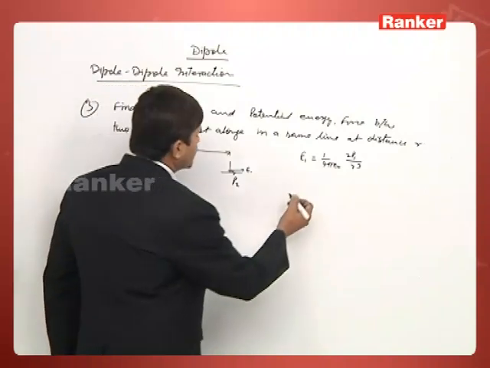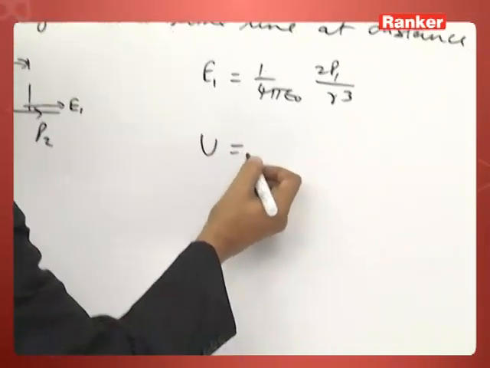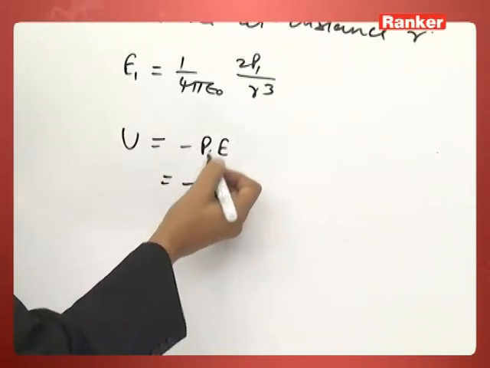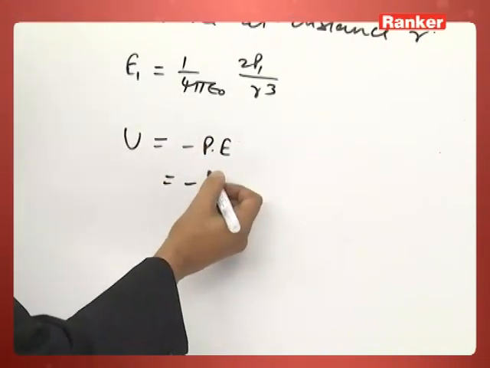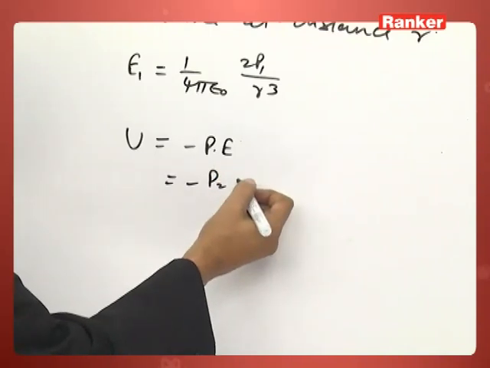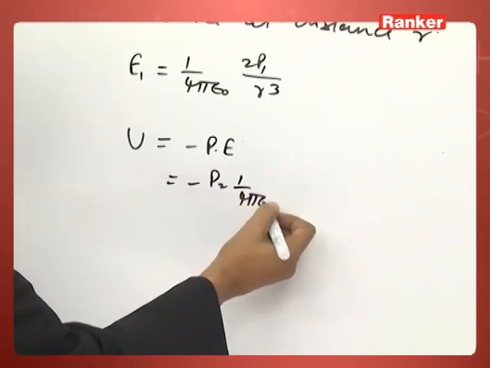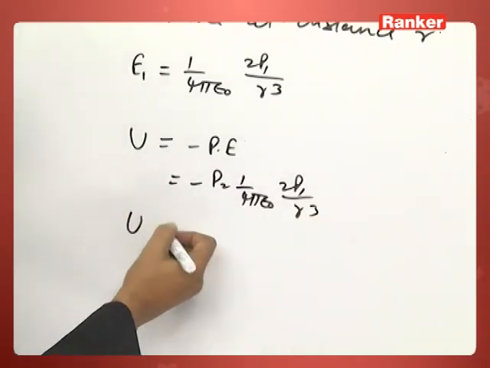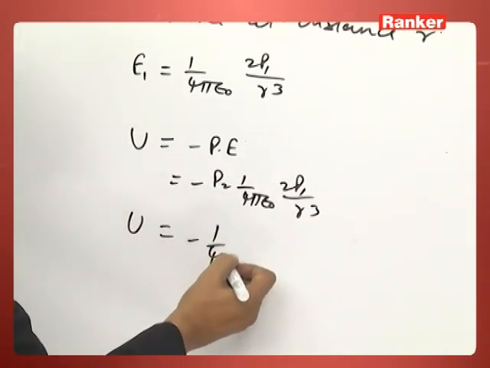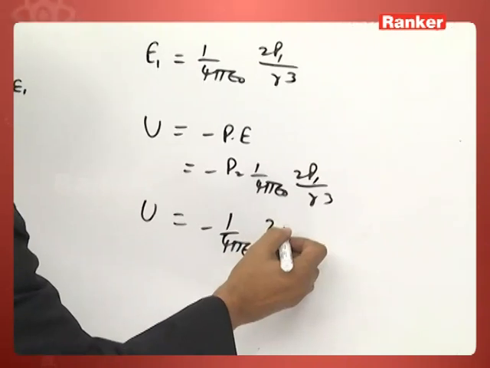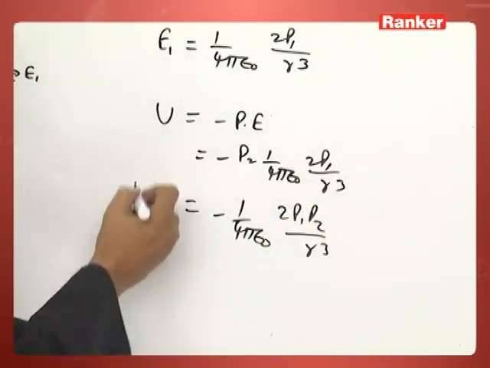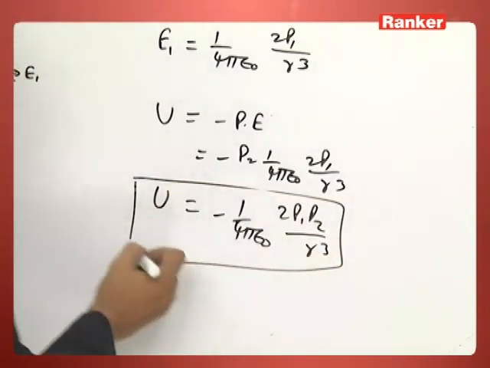So potential energy is written as minus P dot E. That becomes minus P2 times 1 by 4 pi epsilon naught 2 P1 by r cube. So the potential energy is minus 1 by 4 pi epsilon naught 2 P1 P2 by r cube. This is the potential energy.